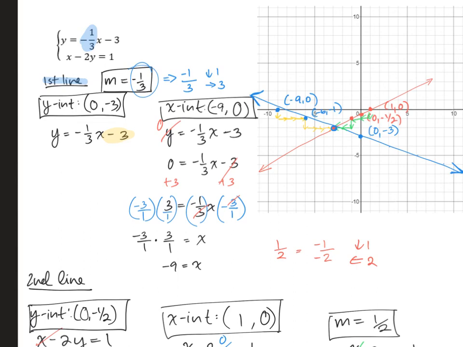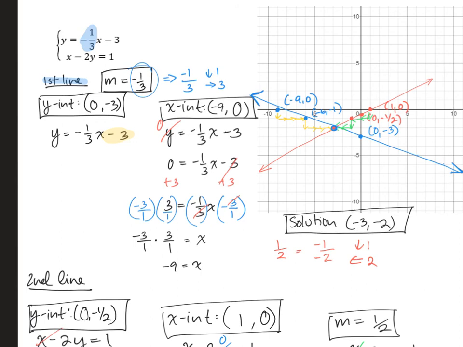So what is this point? Well, it's 1, 2, 3. So negative 3 for the x value. And then the y value is down 2, so negative 2. So the solution for our system is (-3, -2), because that is where our two lines intersect.